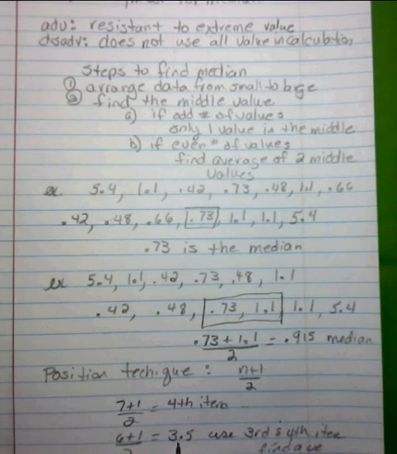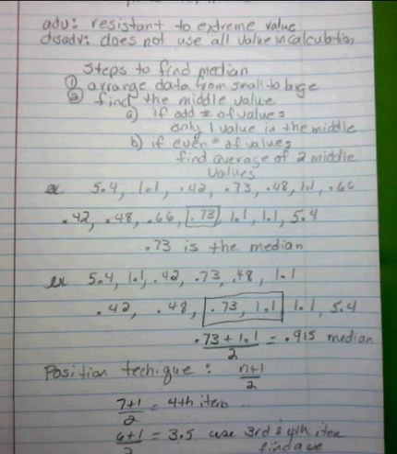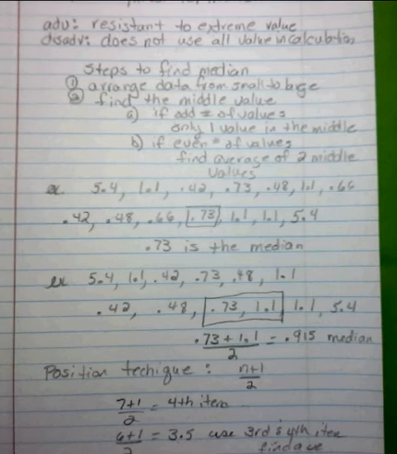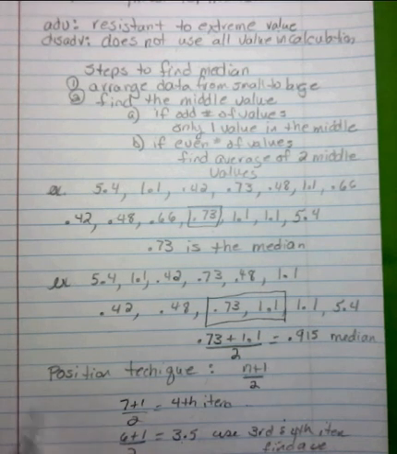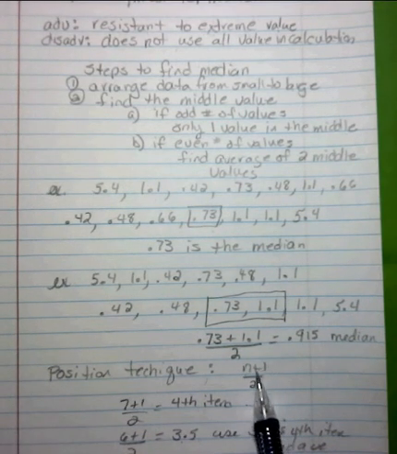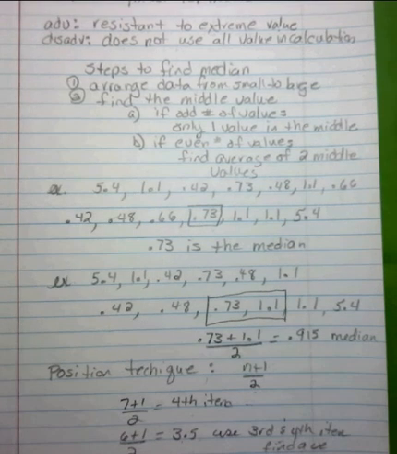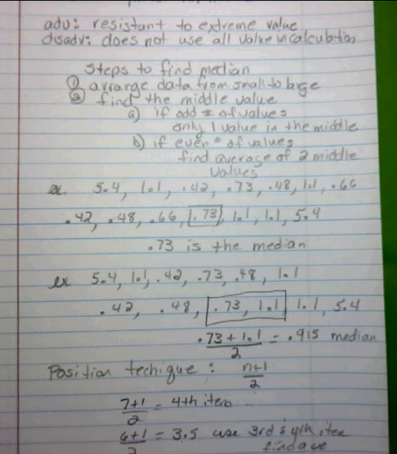So if it comes out to be a decimal, we combine the two to find the median. So even using the position technique, where we do the number of items plus 1 divided by 2, we can still find the median for the position.